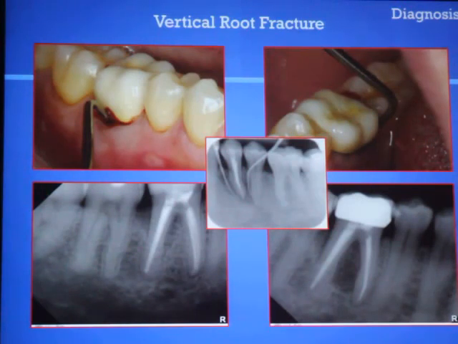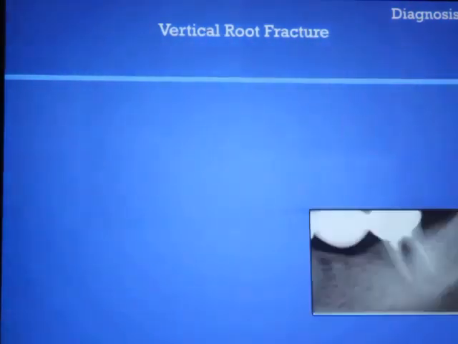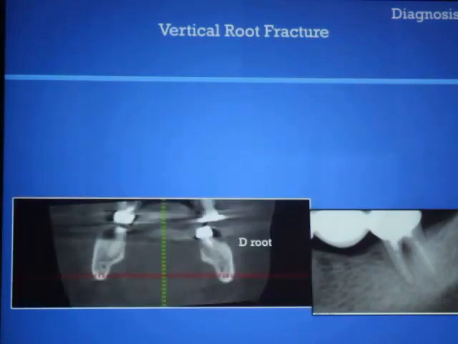So if you see any of these 3 signs, you have a very high chance of a vertical root fracture on the root involved. And when you do a conebeam CT here, like in this case, where you can see a small radiolucency on the furcation area, the conebeam CT on the coronal view along the distal root does not show any bone loss.